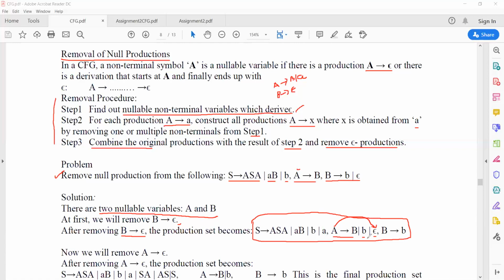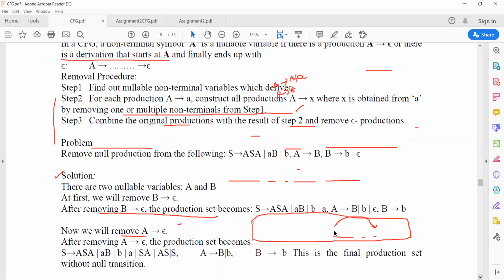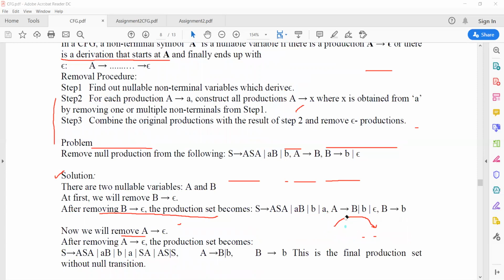Now definitely you have A produces null in your hand, so you want to remove that also from the grammar. Let's see what happens.